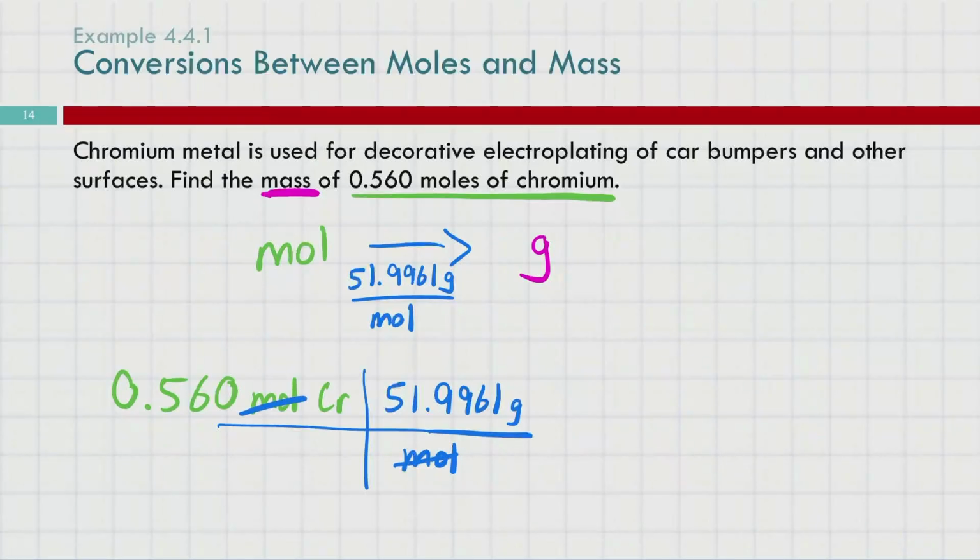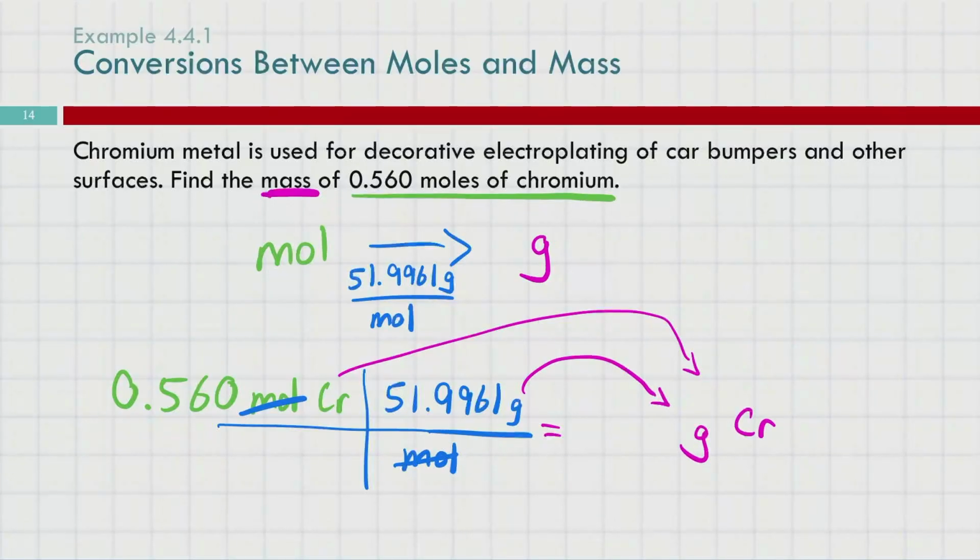Our moles cancel, and grams and chromium both come through. So 29.1 grams of chromium after rounding.